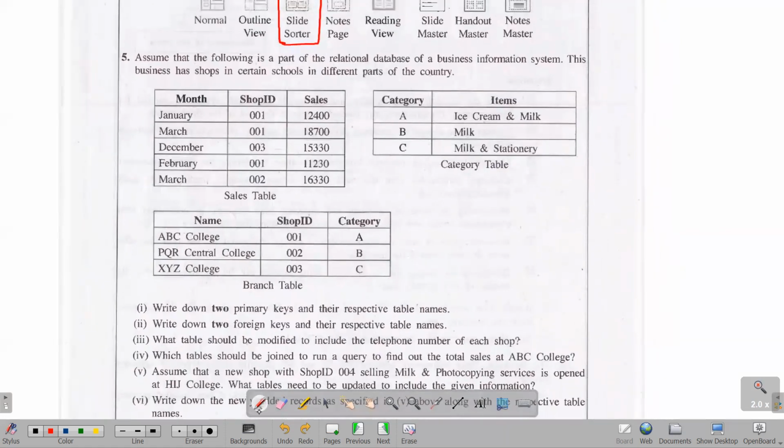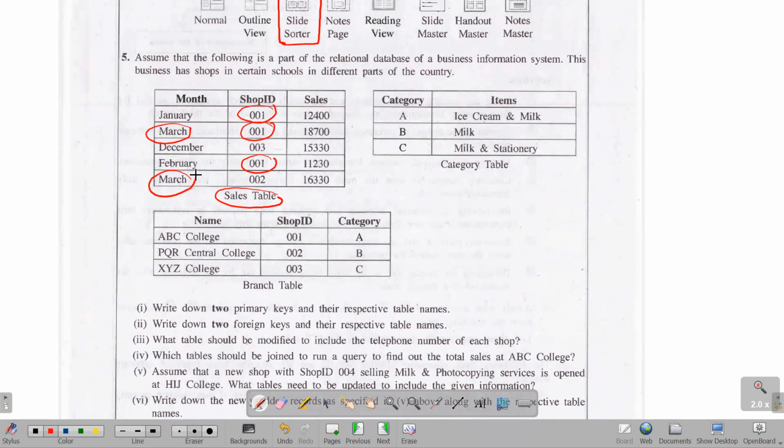Now, these are the common questions. For the sales table, we can't take the shop ID alone, or month alone, because shop ID repeats in these 3 positions. Month, yeah, it repeats over here.